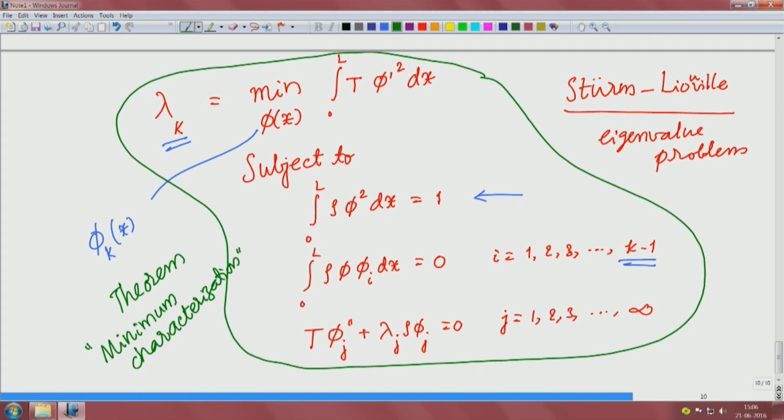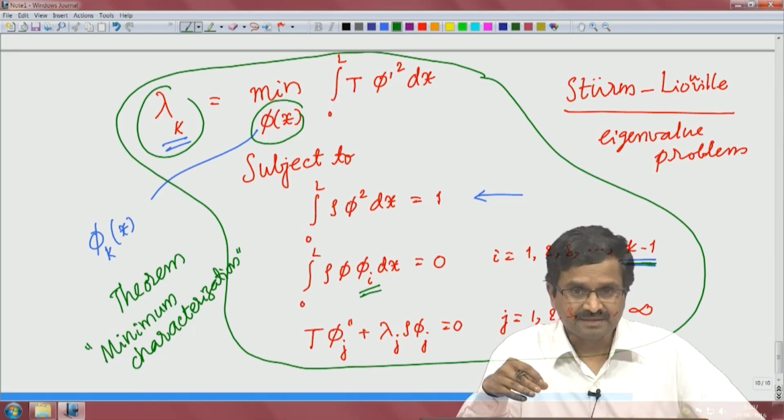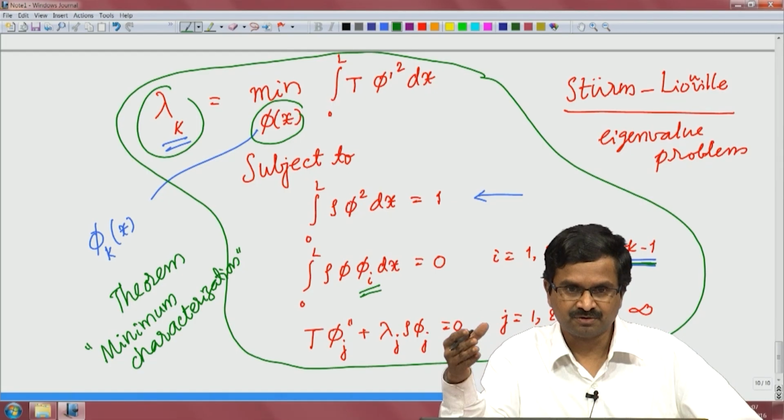Okay. So, if you already have with you k minus 1 eigenfunctions, because that is what we are including here, k minus 1, then you can find the kth eigenvalue and of course, the corresponding eigenfunction by solving this calculus of variations problem. Okay. This can be proved rather easily without using Euler-Lagrange equations.